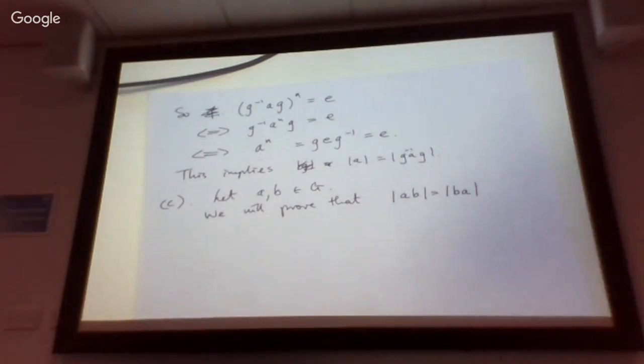Sorry, I'm just kind of losing sight of what I'm trying to prove, that they have the same order. Yeah, I think I was expecting it to be more of a calculation than it is.